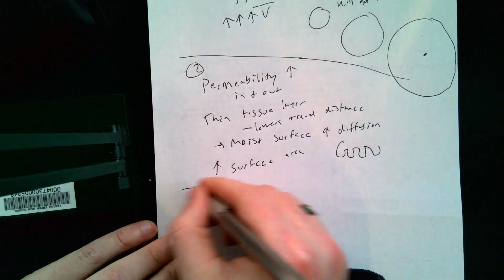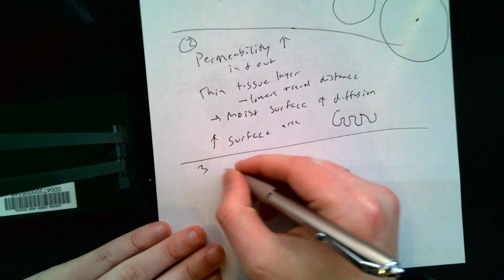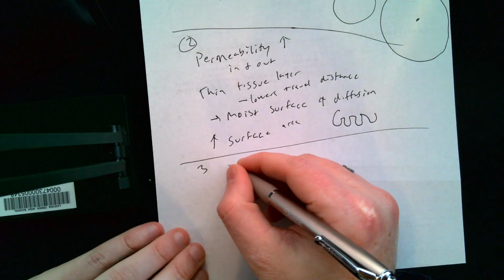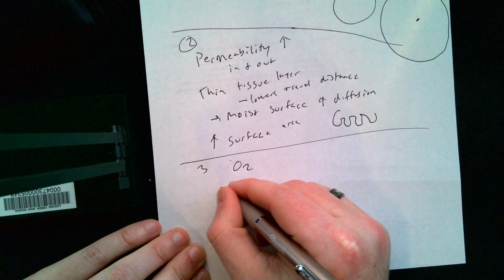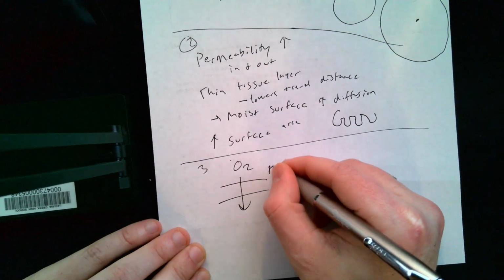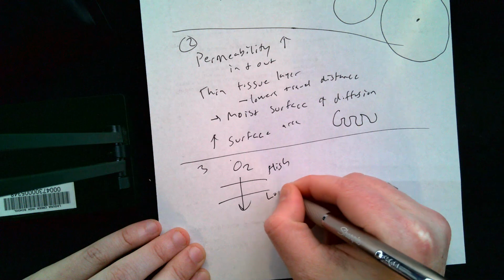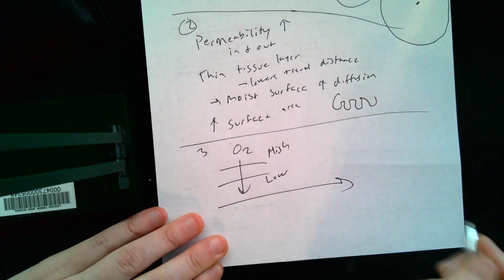Now, let's talk about some animal stuff. How do we maintain concentration gradients? For a gas to move from one spot to another, it's diffusing, right? So it's got to go from high to low. Well, how do you make it go from high to low? You move the other stuff this way.